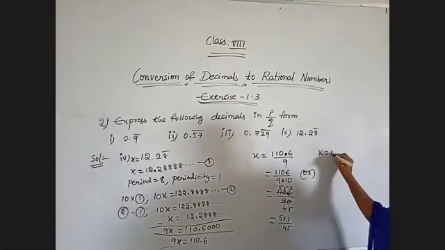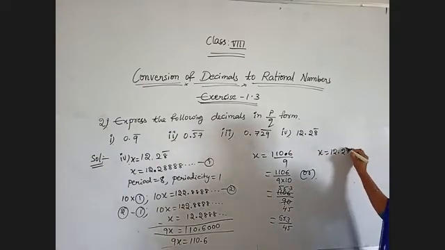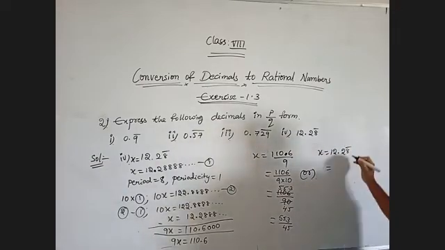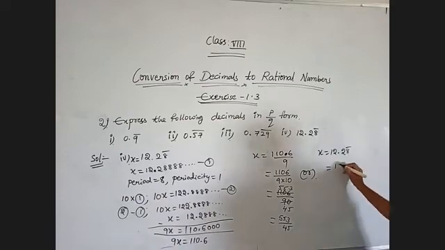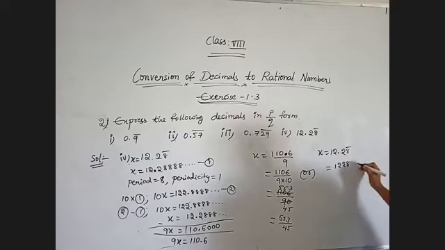x is equal to 12.28 bar, which is equal to, as I told you, write the complete number 1228 minus the digits which do not have the bar symbol, that we subtract. So 122, divided by as many 9s as there are digits having the bar. In the decimal place there are 2 digits.